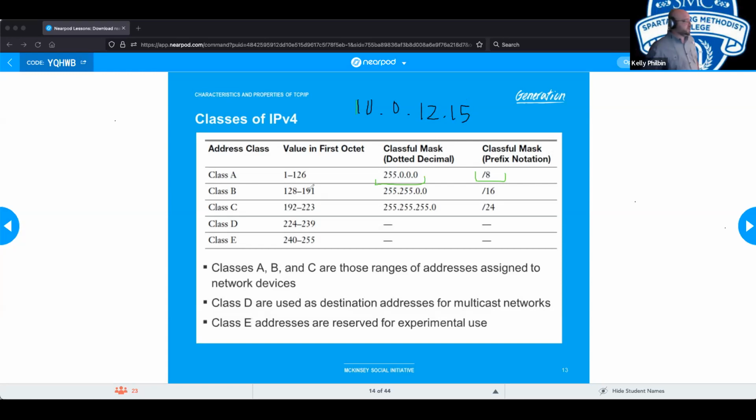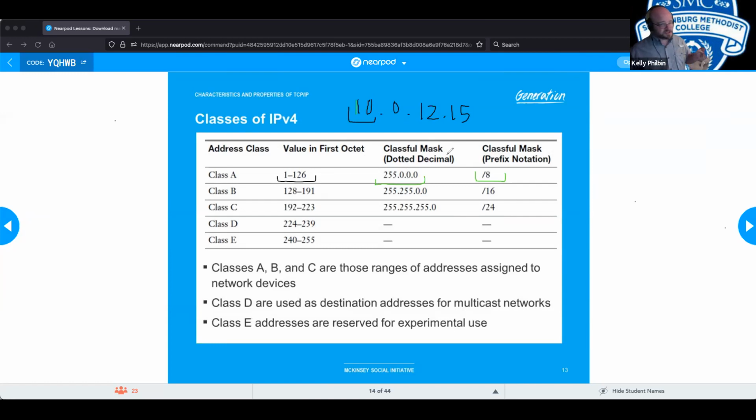So what it means right here, where you see this is 0 to 126, that is the number you would see in the first octet. So any IP address you see, if it has a range from 0 to 126, that should instantly tell you this is a class A address. So that is the range for it.